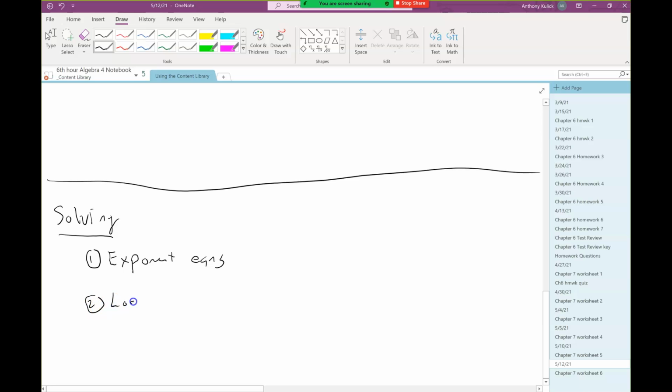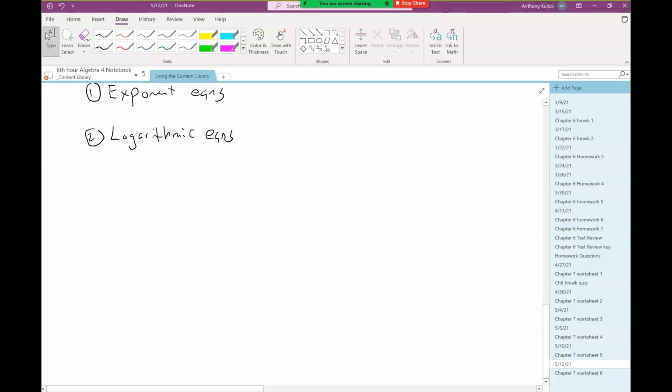And then we're going to talk about solving logarithmic equations. So we're going to start with the exponentials first.